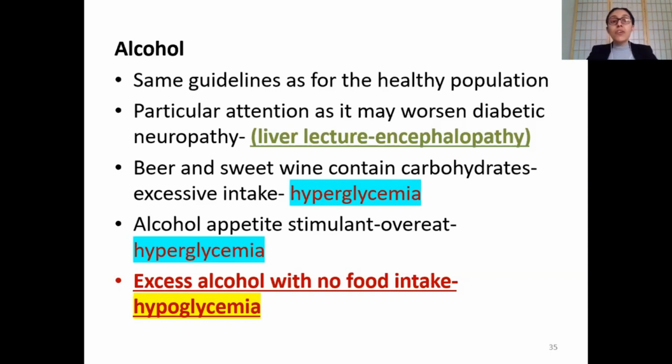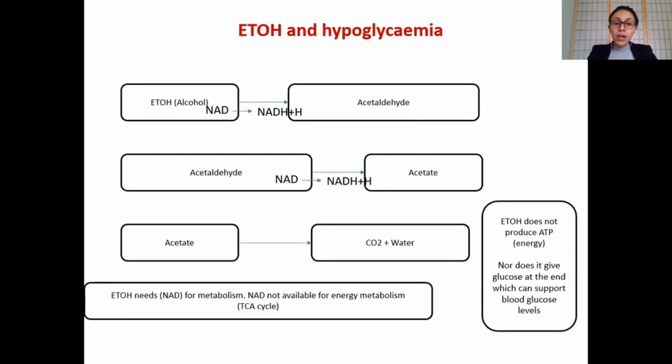But if you have a diabetic individual whose baseline glucose metabolism is impaired, that's why the risk is higher. When this diabetic individual is drinking a lot of alcohol but not having food, this can result in hypoglycemia.